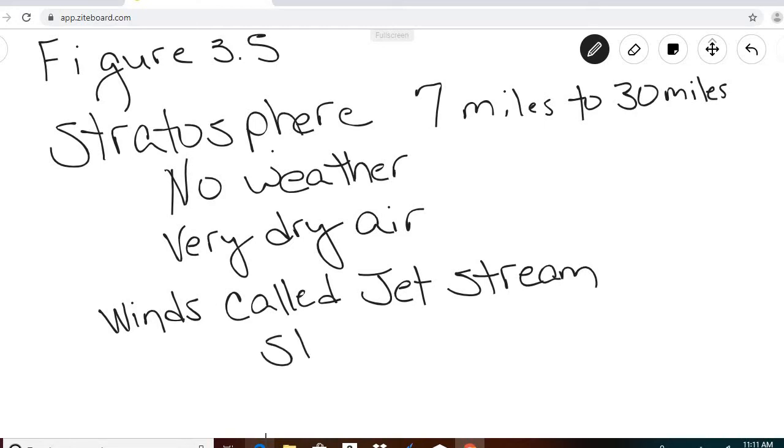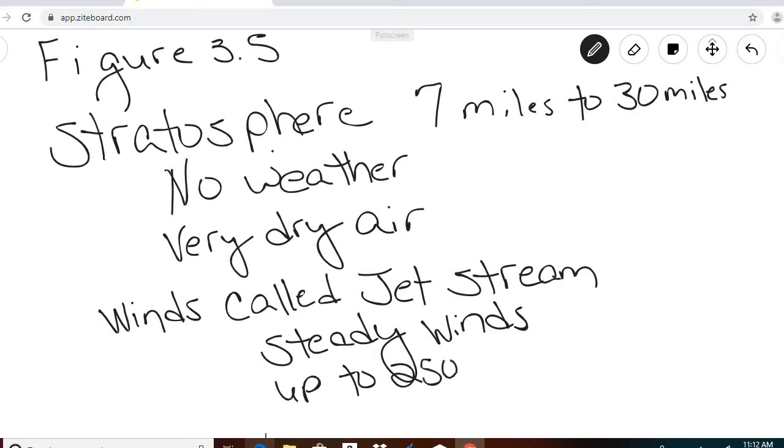These winds are blowing up to about 250 miles per hour. And they blow from west to east.